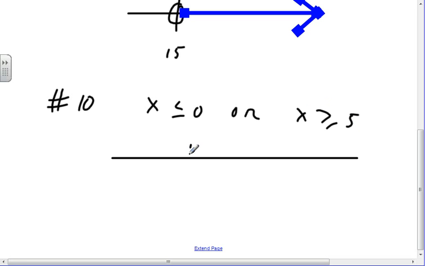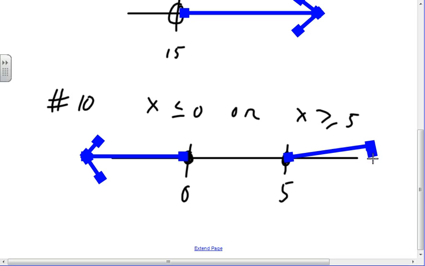Okay, so I need a 0, and I need a 5. And because they're greater than or equal to, I got to make them solid. Okay, and now I'm going to go x is less than 0. And then x is greater than or equal to 5.